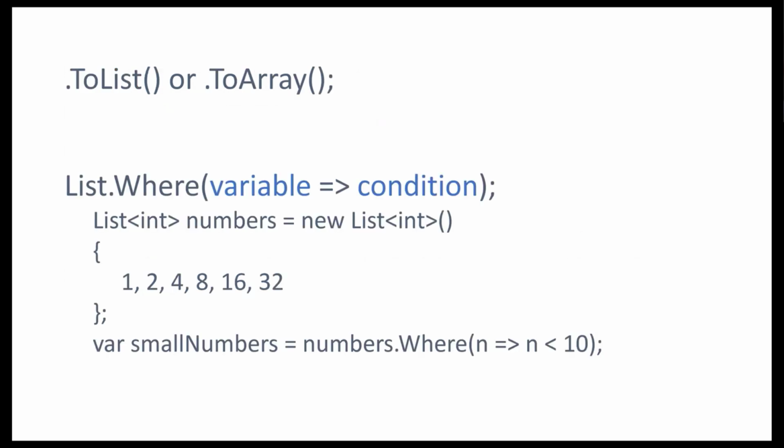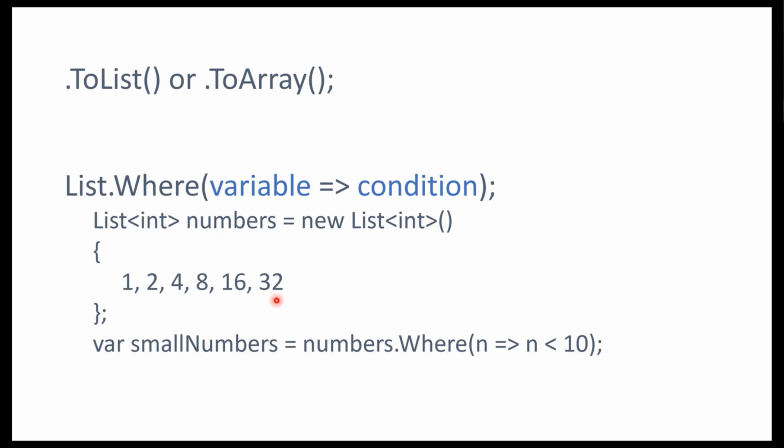Then we have a little bit on the list. If you have some tables, some columns, or anything, we can just put it into a list or an array. Another good function for the lists is the where function, where you can filter the list to your needs. So an example here, we have a list with the numbers 1, 2, 4, 8, 16, and 32.